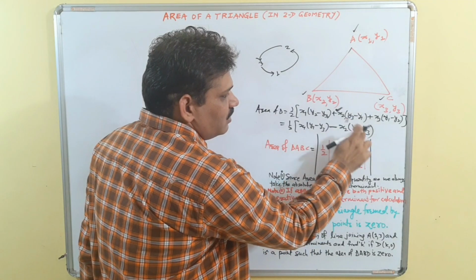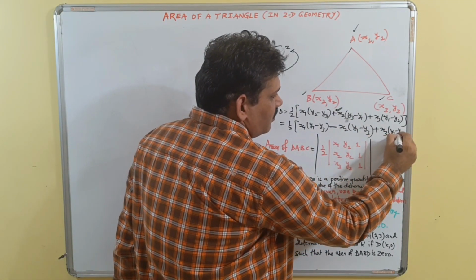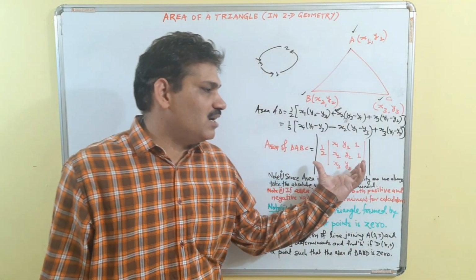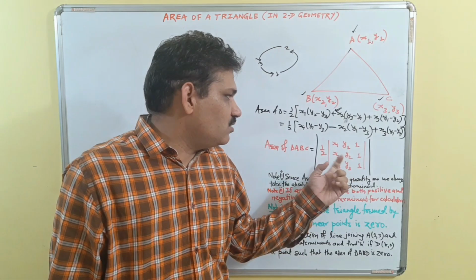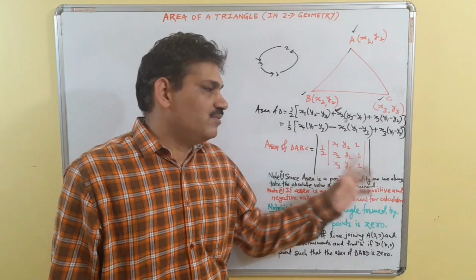This will become positive and this will be negative, plus x3 times y1 minus y2, and this expression can be expressed as a determinant which includes x1 y1 1, x2 y2 1, x3 y3 1, half of this.